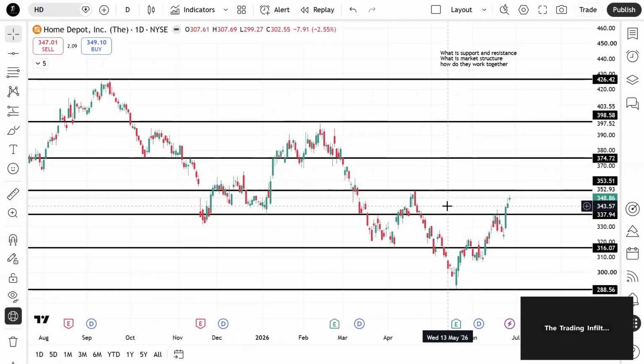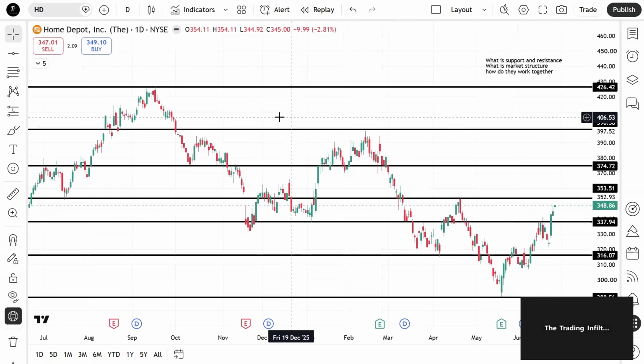Now, guys, sometimes price will come to a support level and turn that level into resistance, and vice versa. What do I mean by that? Let's say, for instance, on our chart, price came up to this resistance. It came down here to this support.